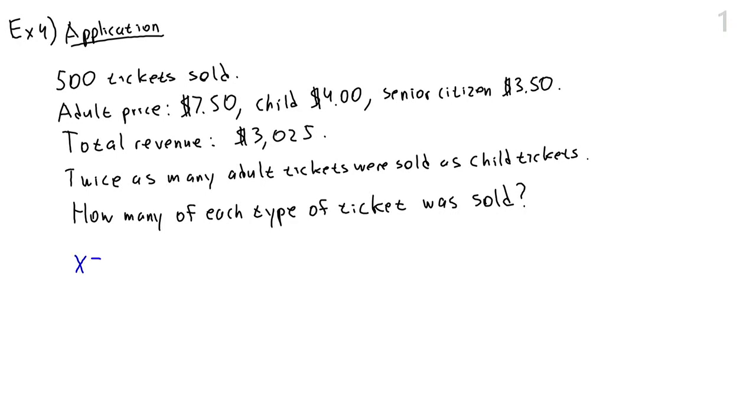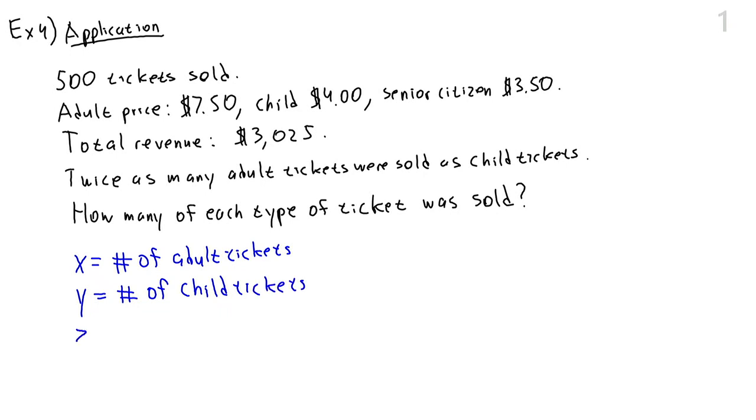Let x be the number of adult tickets. Let y be the number of child tickets. And z be the number of senior tickets.